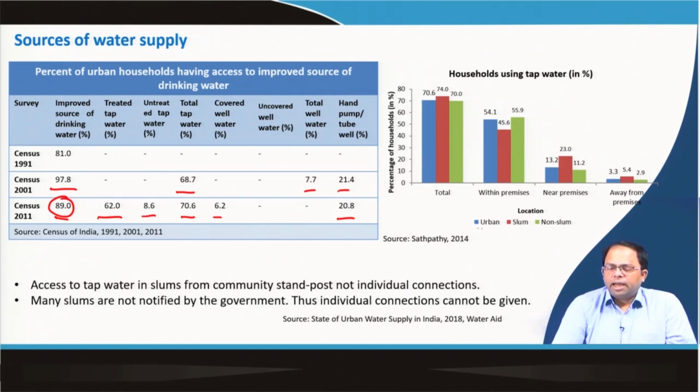Then within urban areas also, there are differences of access to water. And as we can see, in urban areas, there are slums and then there are non-slum areas. So, definitely we can see the percentage of households using tap water in slums.